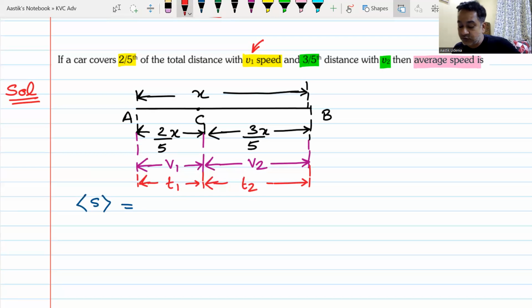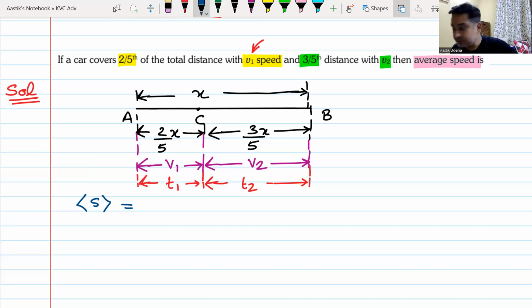So what I need to do, how much is the total distance? How much is the total distance, beta? You can't see?